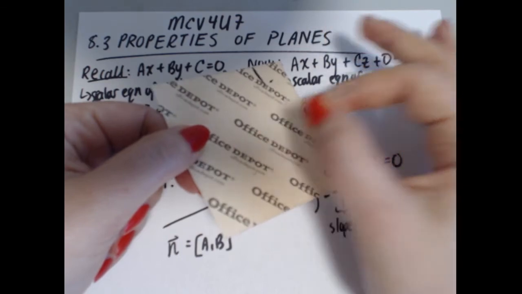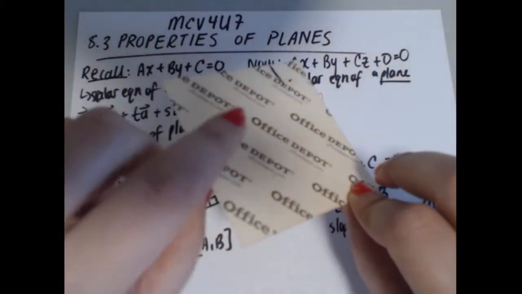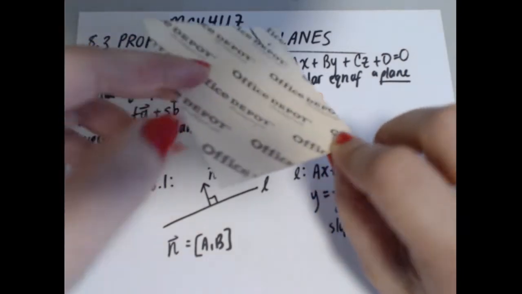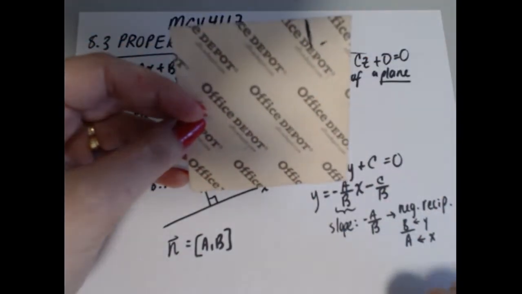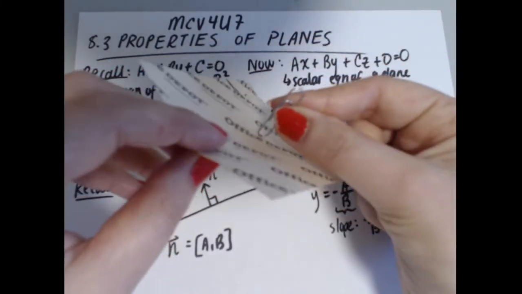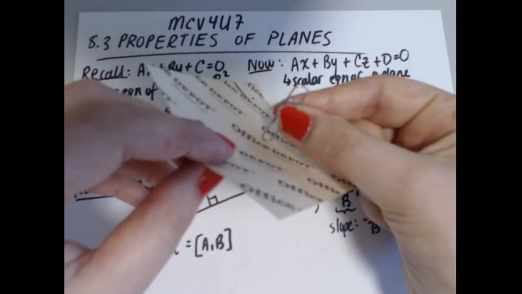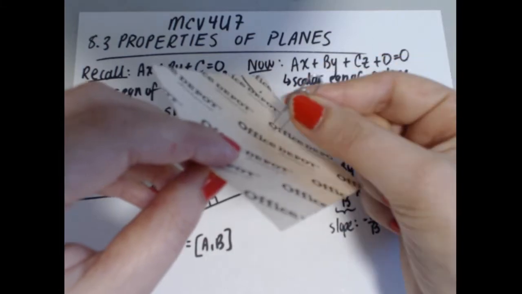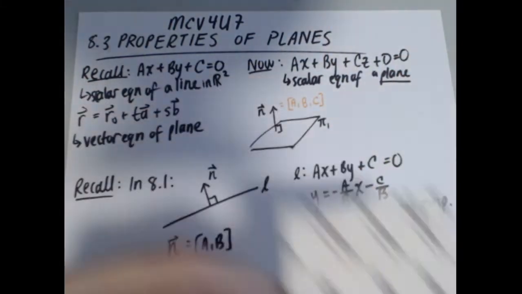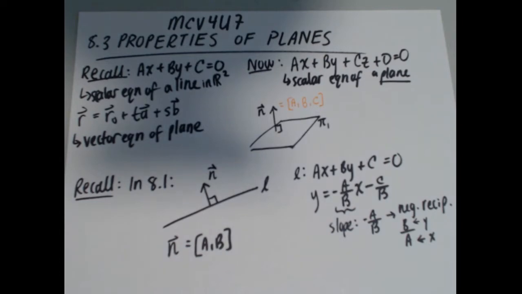Now, however I orient this plane in three-dimensional space, whether it's oriented like this, or like this, or like this, that paper clip will always be perpendicular to the plane. So however I orient it, that paper clip, whatever direction it's going in, it can identify to me how the plane is oriented in three-dimensional space.